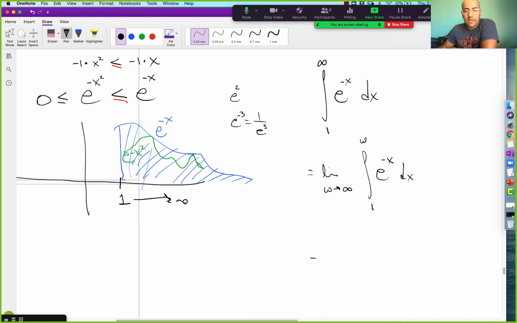And luckily this is a nice, easy one to figure out. This is the limit as w goes to infinity of -1 times e to the negative x. The derivative of this is to copy it, times the chain rule would give you an extra -1, so that means we have to multiply by a -1 out there. Evaluate it from 1 to w.